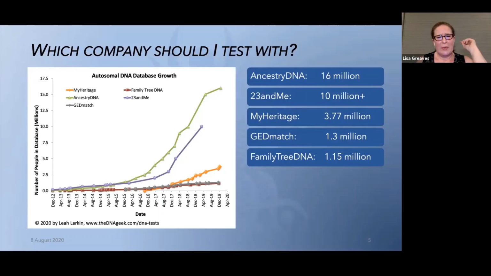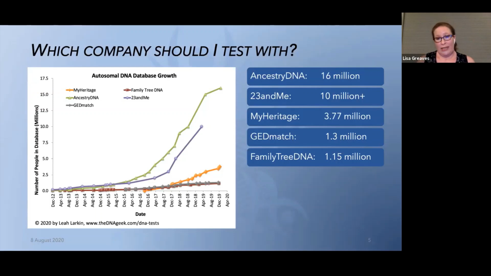Another thing you want to think about when you're taking these tests is privacy. Family Tree DNA and GEDmatch have a rather poor record on privacy because they were caught sharing people's genealogical DNA kits with law enforcement. And some people were very upset about that simply because they weren't asked, they weren't told, it was just happening behind the scenes.